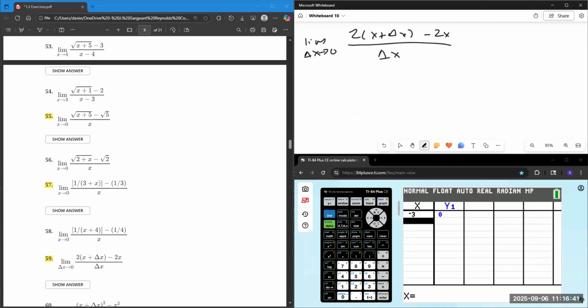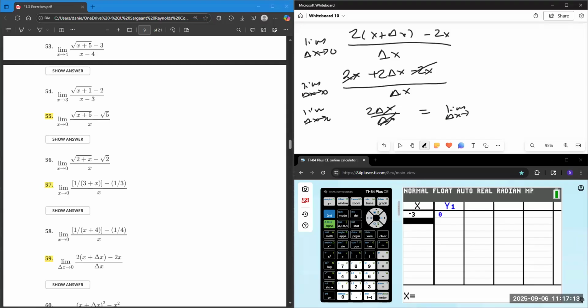So we have 2x plus 2 delta x minus 2x over delta x. The limit as delta x goes to 0 is the limit as delta x goes to 0 of 2 delta x over delta x, which is the limit as delta x goes to 0 of 2, which is 2.